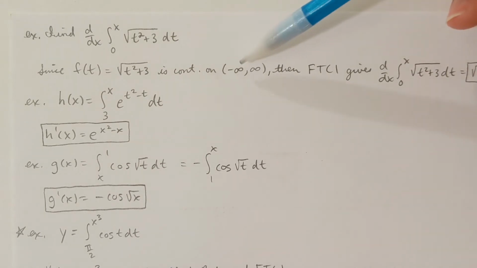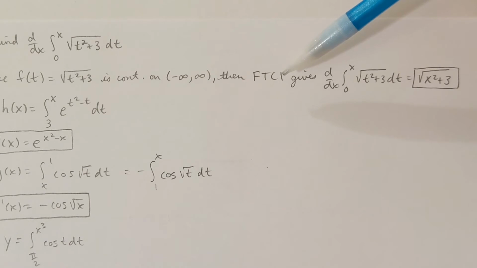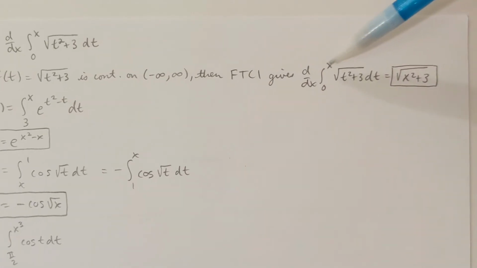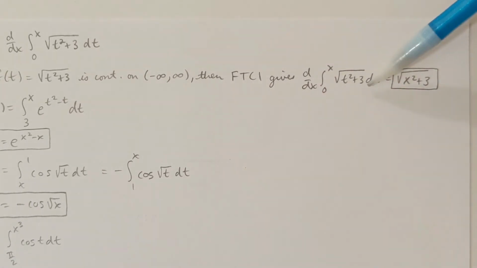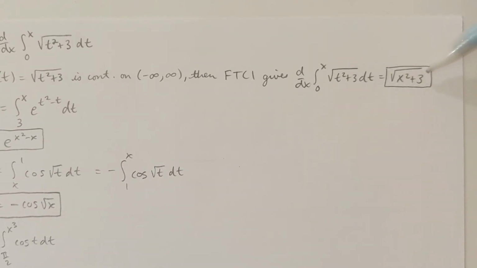I've got a continuous function, and it's differentiable everywhere. So by the fundamental theorem part one, when I take the derivative of this integral, I'll get the integrand, but in terms of x. So my answer is the square root of x squared plus 3.